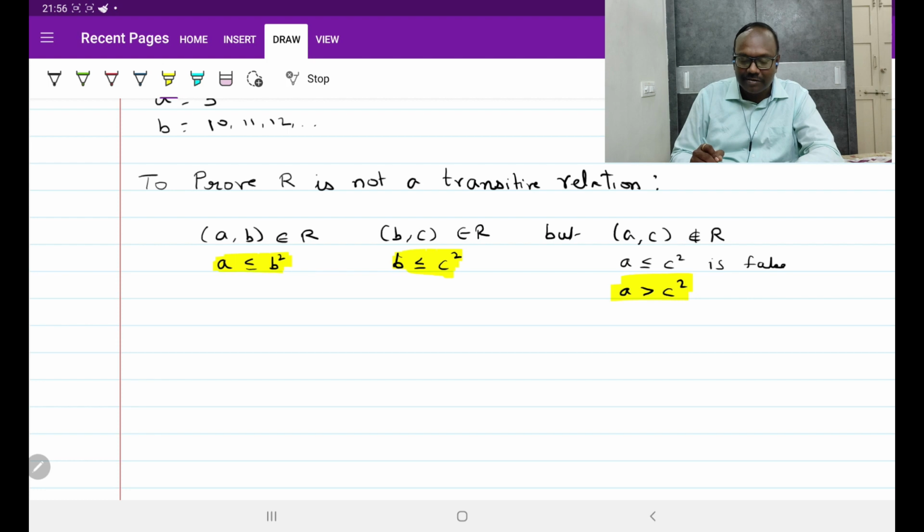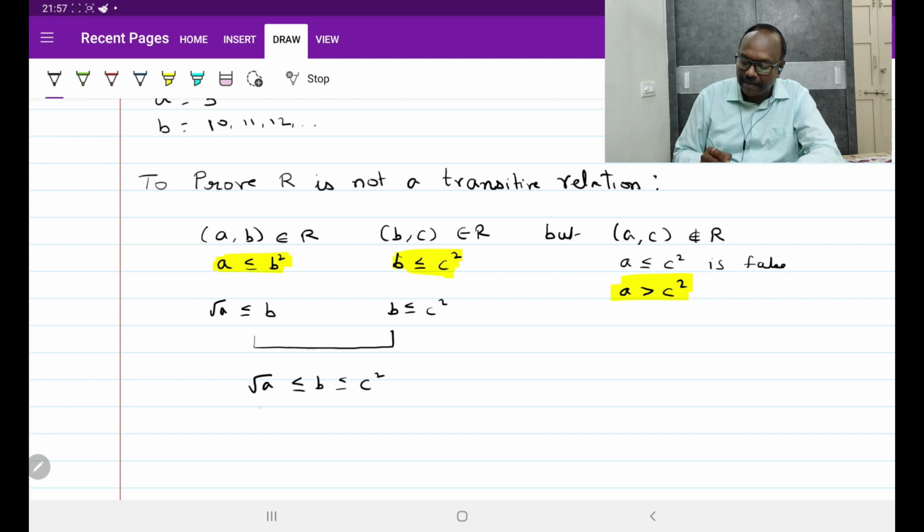So let's try to find out those values where it satisfies all these three conditions. Since a is less than or equal to b square, we can write this as root a is less than or equal to b, and b is less than or equal to c square. So combining these two conditions, we can write it as root a less than or equal to b less than or equal to c square.